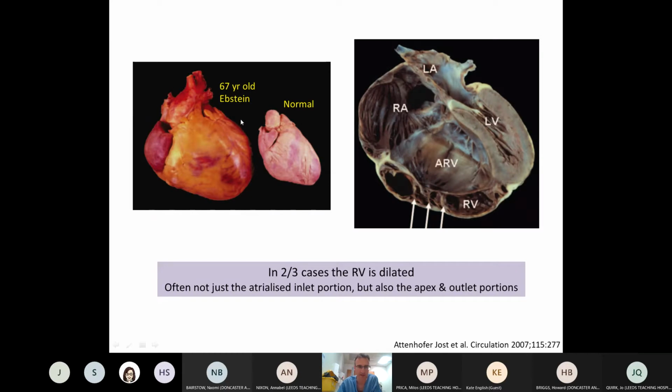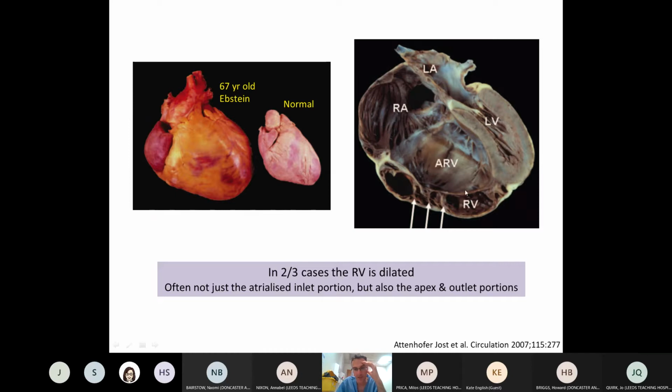So here's a pathological specimen of a heart. This is a 67-year-old with Ebstein's, and compare that to a normal heart. And then you can see here's a heart that's been dissected. And so here you have the true right atrium. And here you have what would be the normal tricuspid valve annulus.